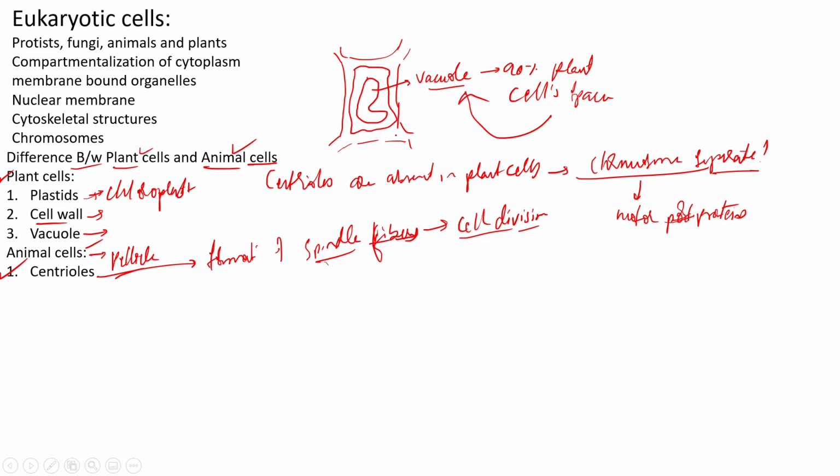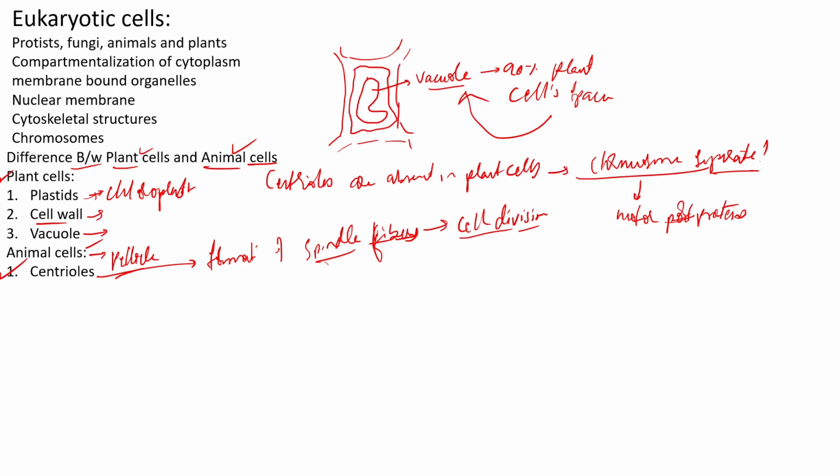Remember, the spindle fiber formation, though it is not done by the centrioles in plant cells, doesn't mean that it is not occurring. The spindle fibers still form in plant cells, right?